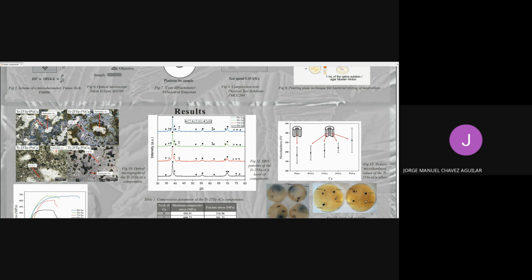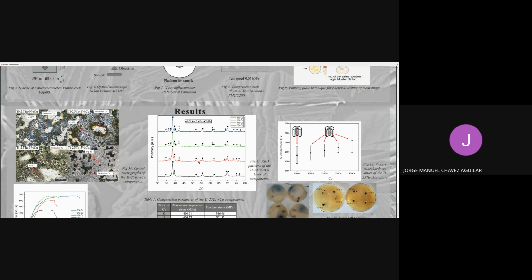In the outer layer with copper additions, we found a refinement of the microstructure, which is caused by the stabilization of titanium, which was provided by the copper.